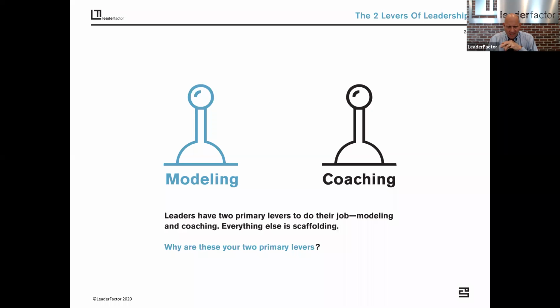The leader's most powerful lever is his or her own modeling behavior. The number 2 lever is the coaching skills which the leader possesses. Everything else in leadership is what we call scaffolding. It's all support. But these are the 2 levers that exert the greatest influence.